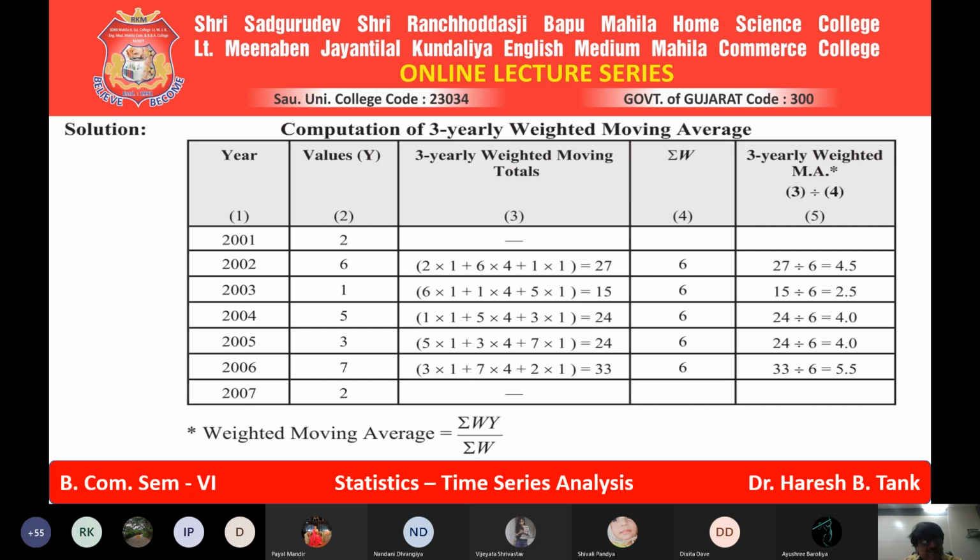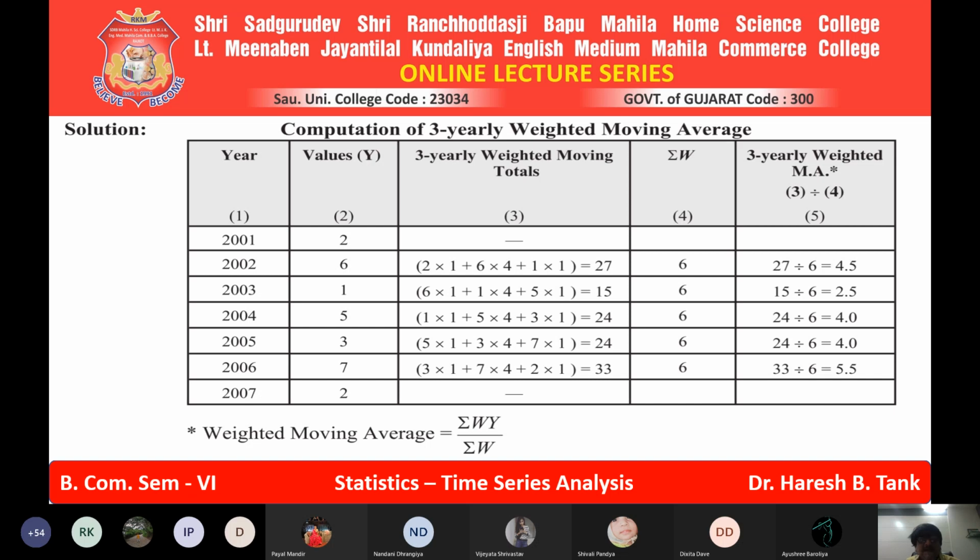What should be done in the next point? What should one do to get the second element? Skip the first element, meaning the 2 is to be skipped. Now the values are 6, 1 and 5. Is it okay?